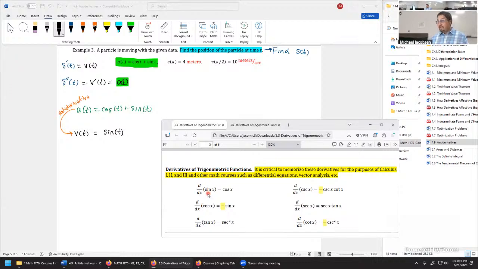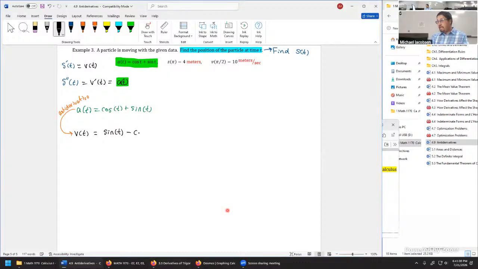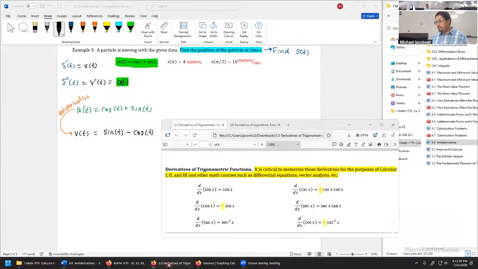Then we do it all over again, but notice how tricky this is. If you go plus cosine t, the derivative of cosine t is negative sine t. We already saw this happen once in the notes, so we have to make an adjustment here. We have to go minus cosine t. Let's go back to the table.